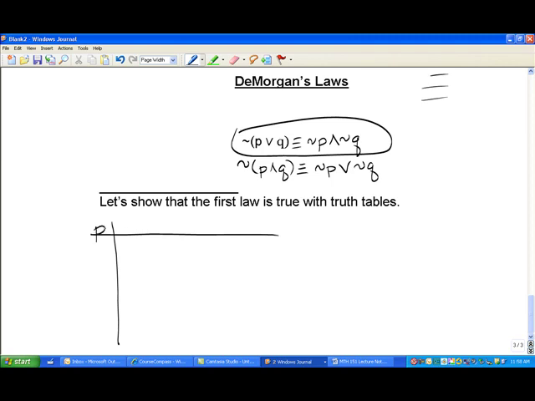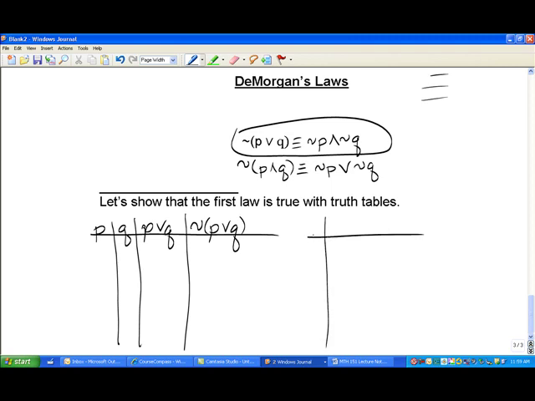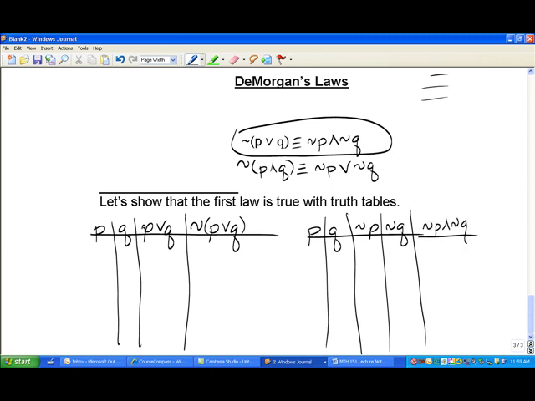I need P or Q, and then a negation of P or Q. And the second table is going to look very similar, except this time I need a not P, not Q, and I need a not P and not Q. Okay, with 4 rows we're going to have 2 true and 2 false, and then alternate.